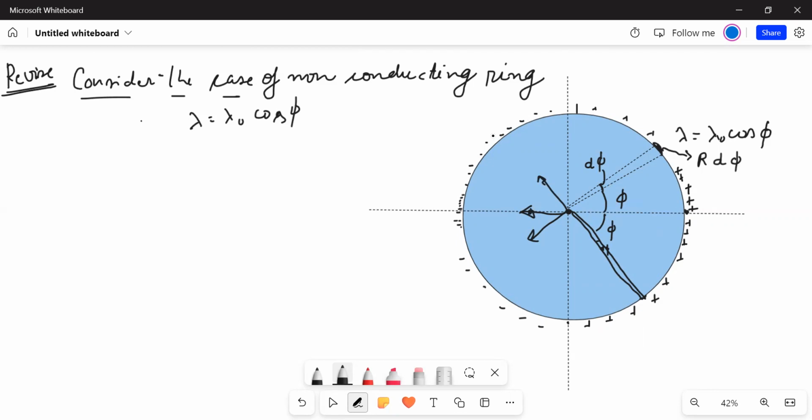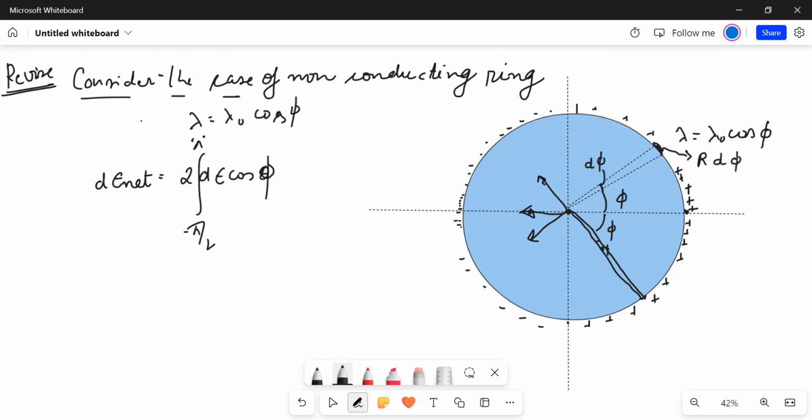Similarly, this particular half of the ring is negatively charged, so it will actually attract the unit Coulomb charge. So your dE net would be 2 times dE cos theta. Basically, you just calculate the electric field due to this half of the ring, and I should write phi naught.